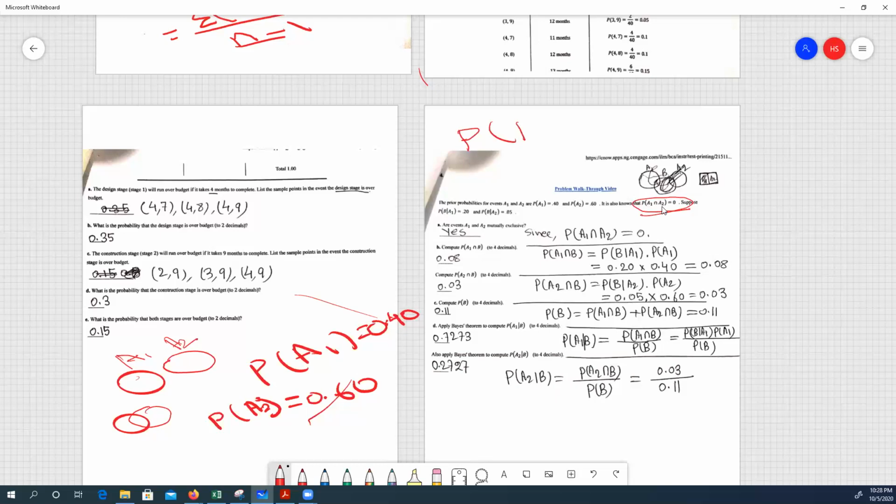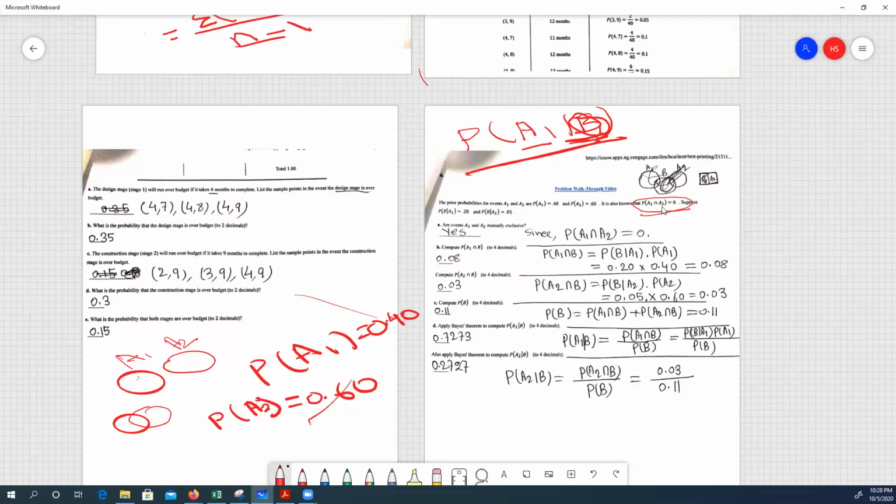So we find the probability of A1 given B, when we are given some extra information, which is B. We are given that B already occurred. So some information is already known and we have to find the probability of A1. This is called the posterior probability. Here we update the probability of A1 based on the given information B.